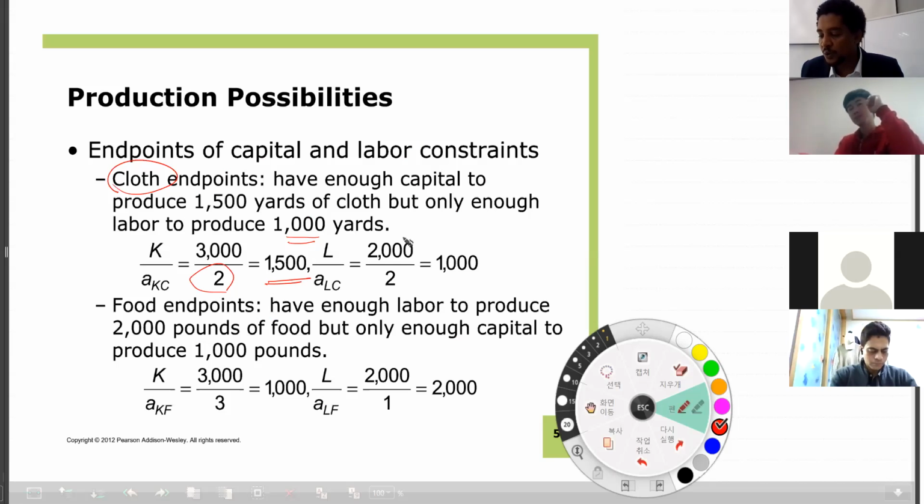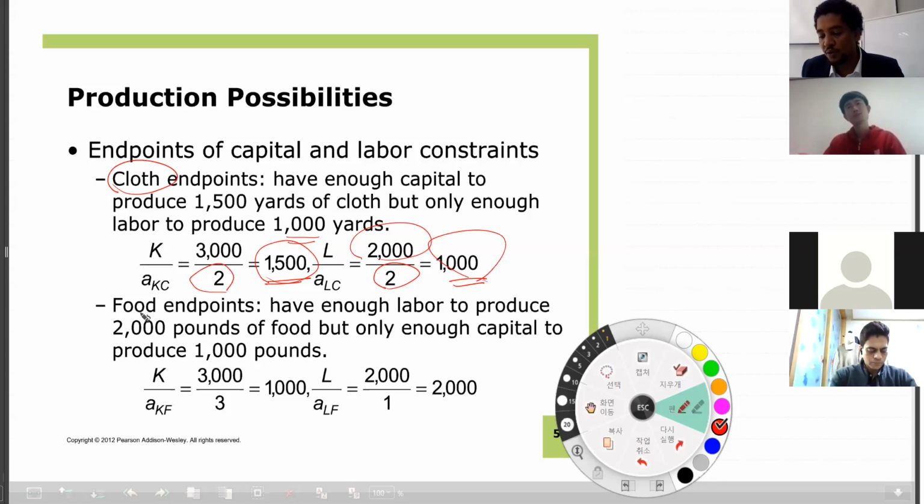And for labor, the total labor in the home is 2,000, and the labor required to produce clothes is 2, so we have 1,000. So with all the capital in the home, and with all the labor in the home, if we produce only clothes, we can produce 1,500 if we use all capital, and we can produce 1,000 if we use all the labor.